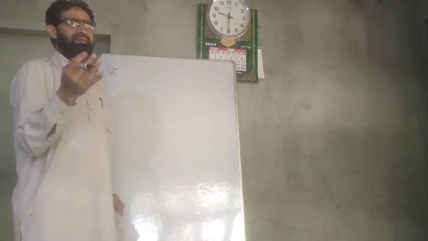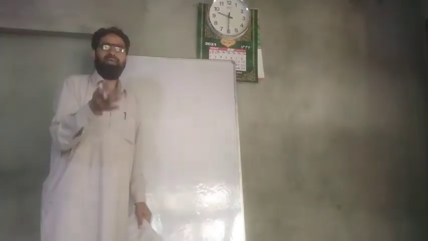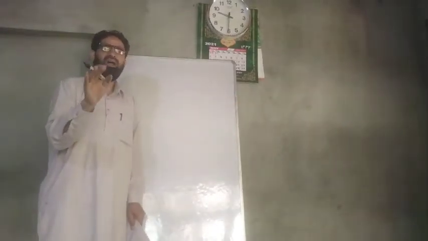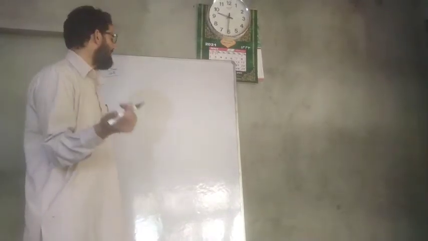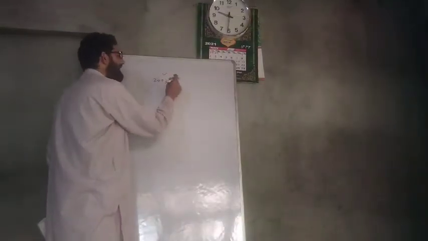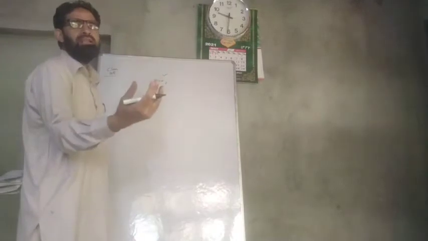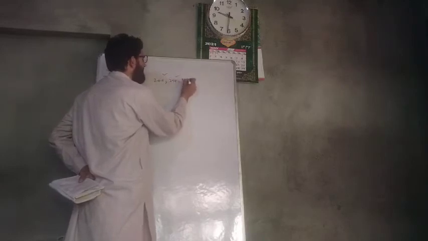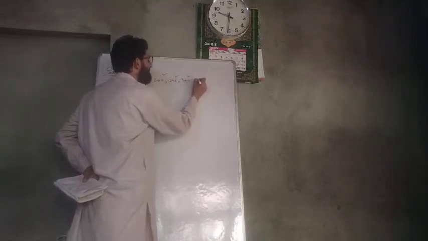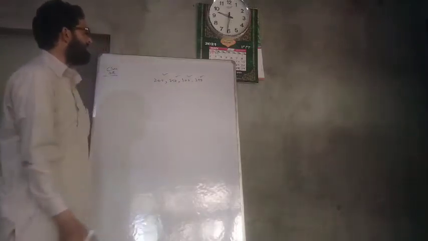So if a contractor will not be able to complete the work in the specified time, he has to pay a penalty. For the first day he has to pay 200, then each successive day 50 rupees is increased, that is 250 for the second day, 300 for the third day, 350 for the fourth day, and so on. So here is an AP form.